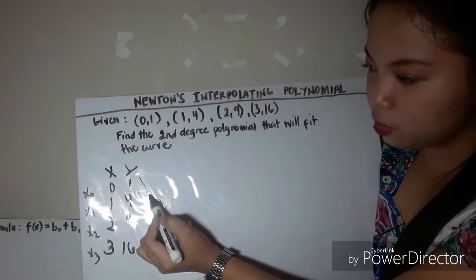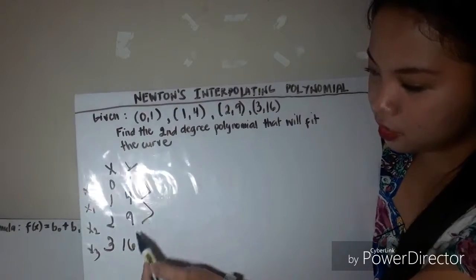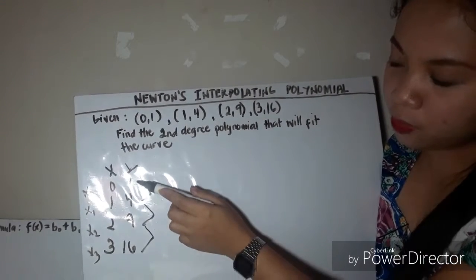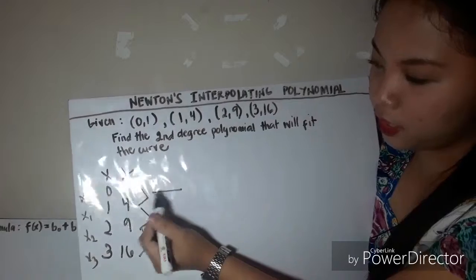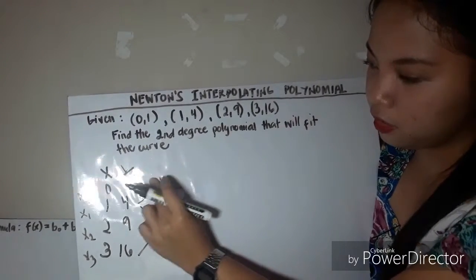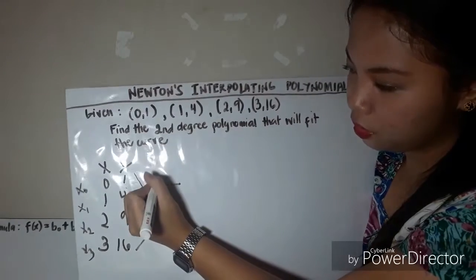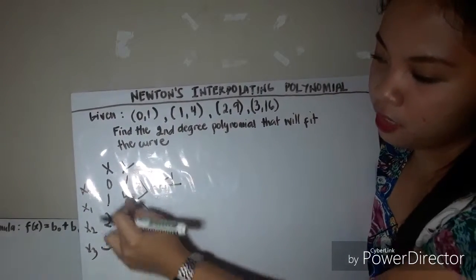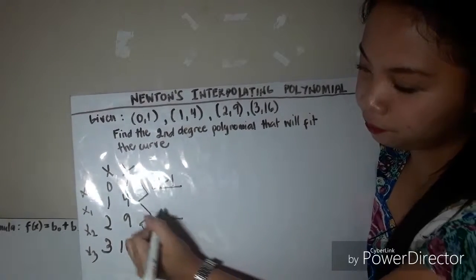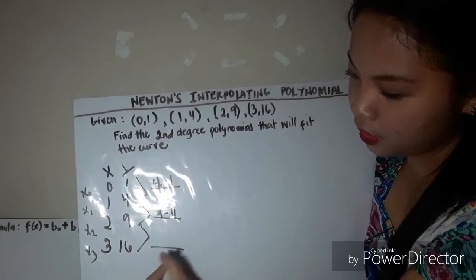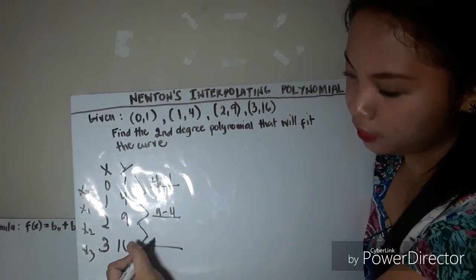Combining these two, the numerator is 4 minus 1, then 9 minus 4, and 16 minus 9.